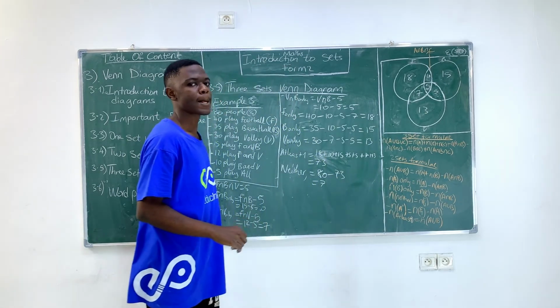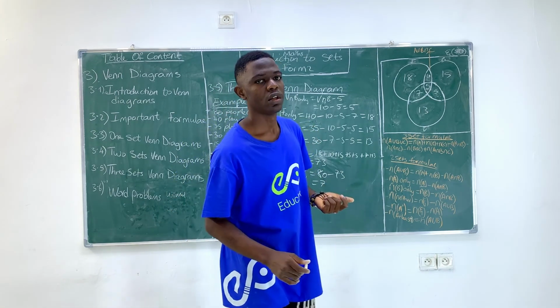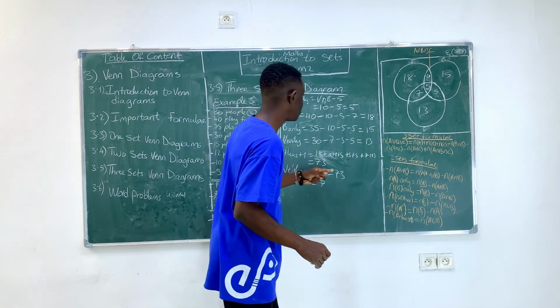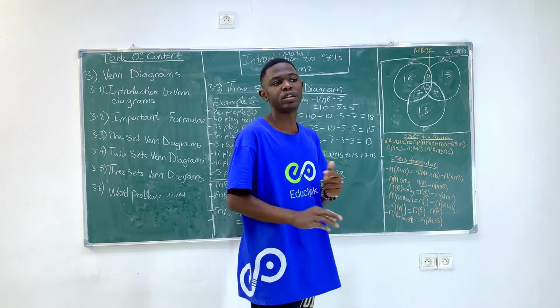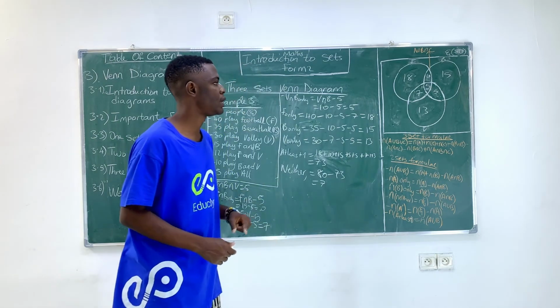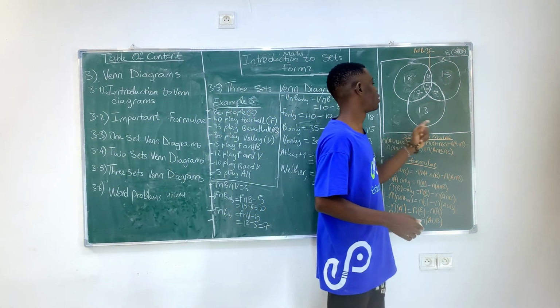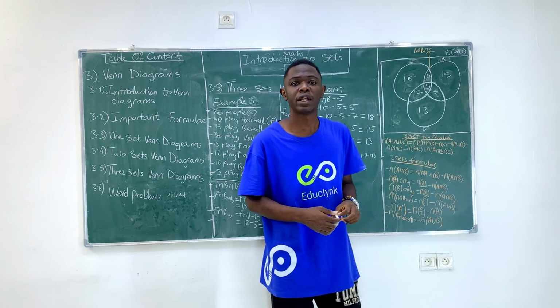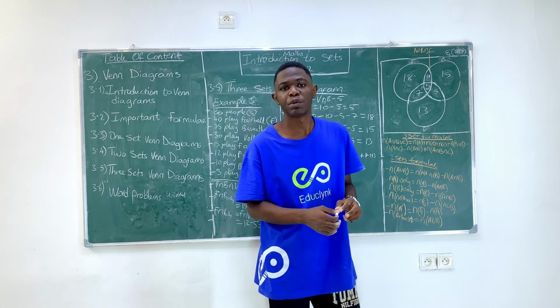Why is it like that? Because there are 80 people in total. The 73 is the number of people that play any sport, whether it's playing 2 sports or 3 sports or 1 sport. But now we are looking for the people that are not playing anything. So to know the people that are playing nothing, you first find the total number of people.